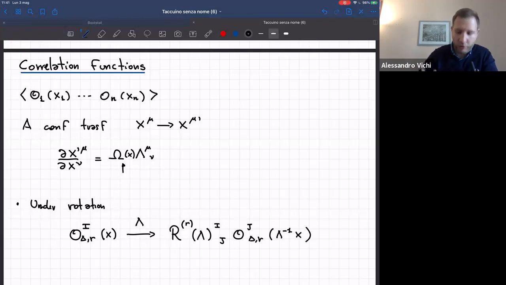This is well known from quantum field theory. We have the same in Minkowski signature, except that now rotations are replaced by Lorentz transformations.